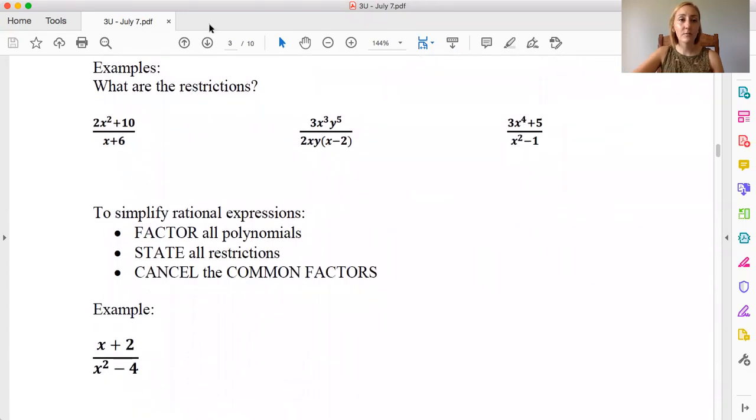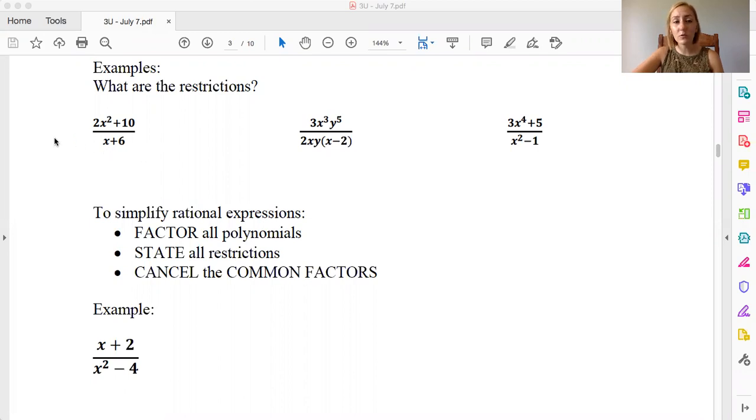So for example, the restriction for the first one here: we don't want the denominator to be equal to 0.